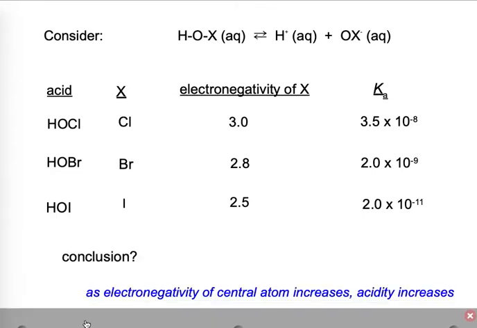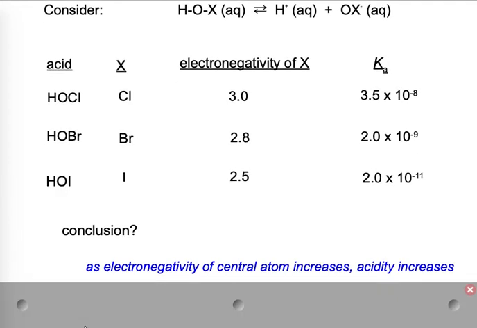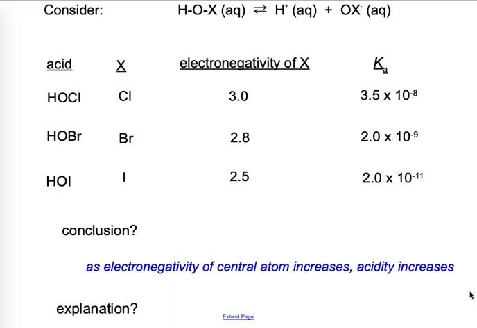So the conclusion is that as the electronegativity of the central atom increases, going from bottom to top in this table, the acidity increases. So as X in the middle becomes more electronegative, the acid becomes stronger. So what would our explanation for that be? Well, it's pretty similar to what we had before.